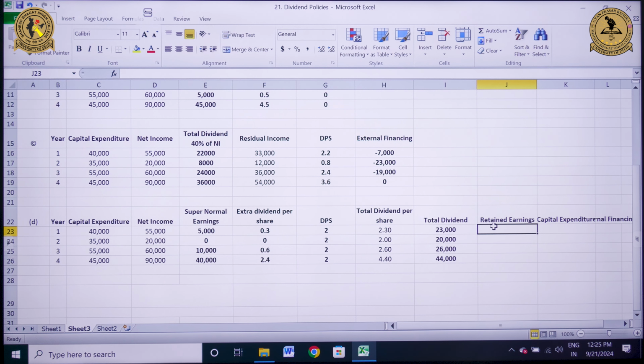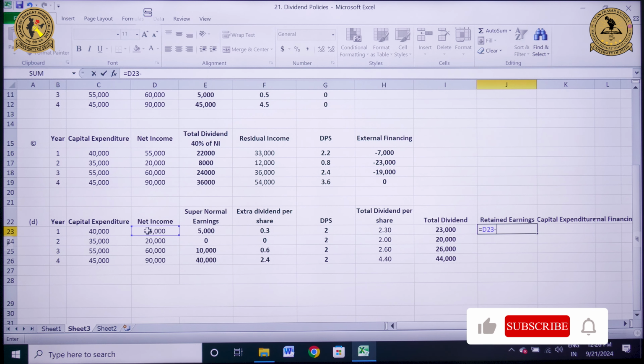The next is the calculation of retained earning, which is calculated by comparing the net income and total dividend. In year 1, the company's net income is 55,000. However, the total dividend is only 23,000. So it will be equal to net income minus total dividend.